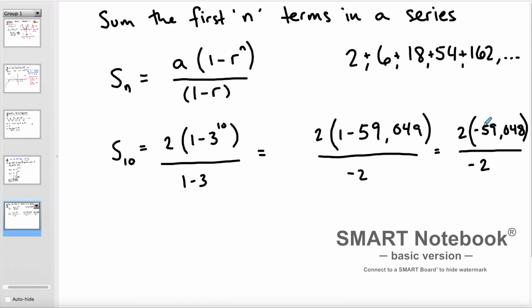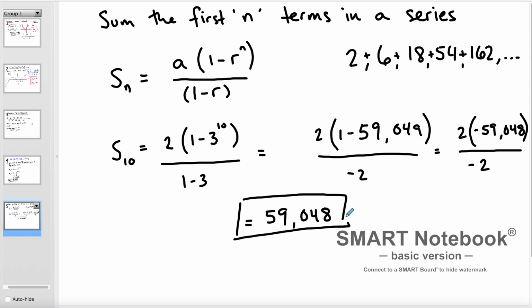You can see we're going to have a negative divided by a negative. The 2's will cancel out. And so we're left with 59,048. So if we take the first 10 terms of this series and we sum them, we're going to be left with 59,048, right?